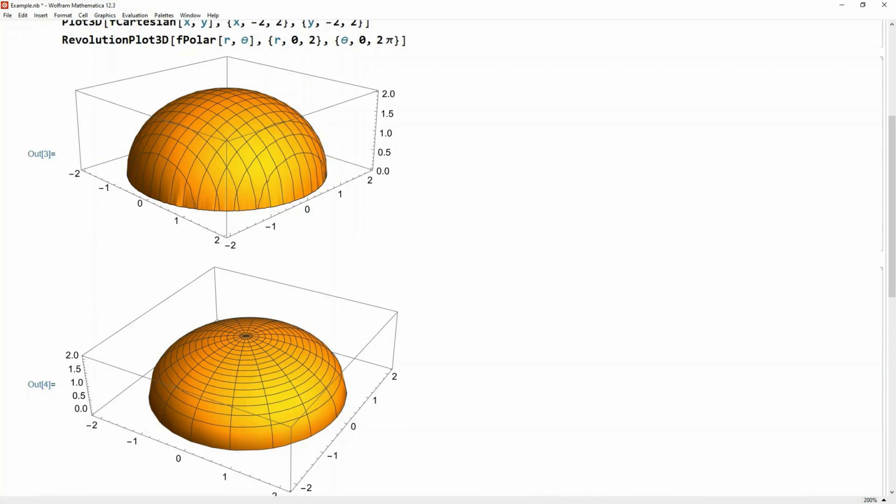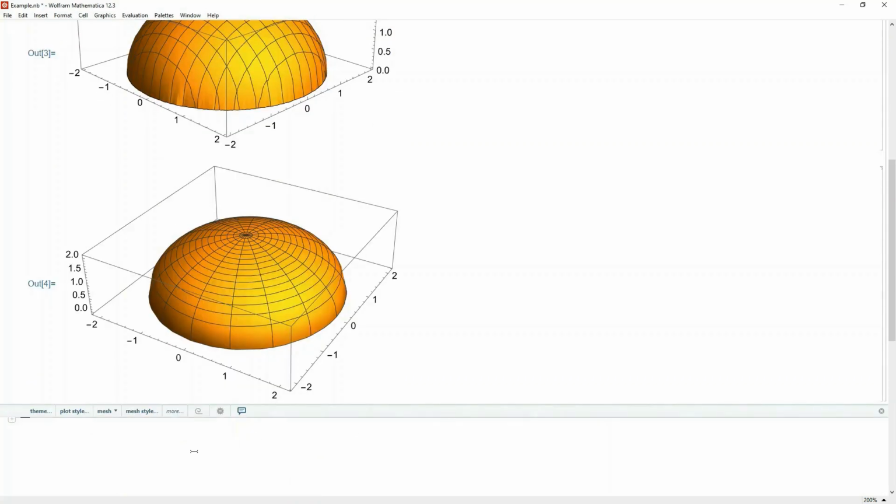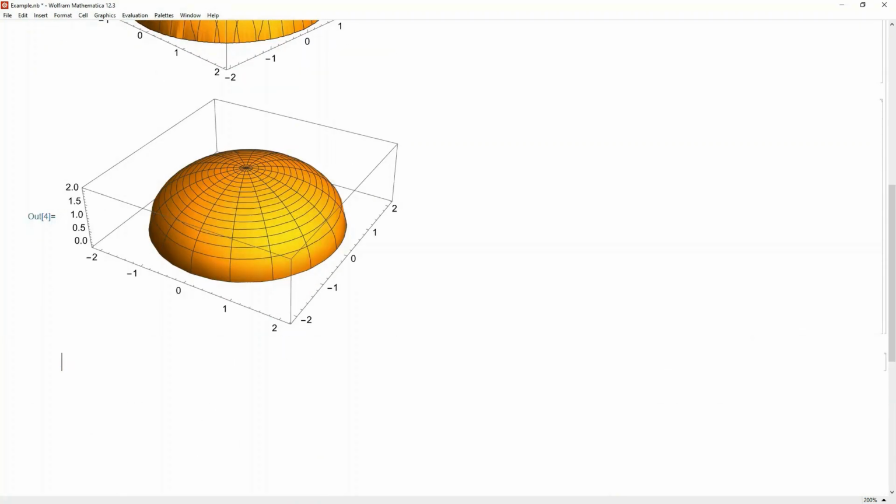Now we can go ahead and write the double integral. I've prepared some of this off screen so you don't have to see me typing it in. We want to evaluate the double integral of the function over the area using the polar formulation.